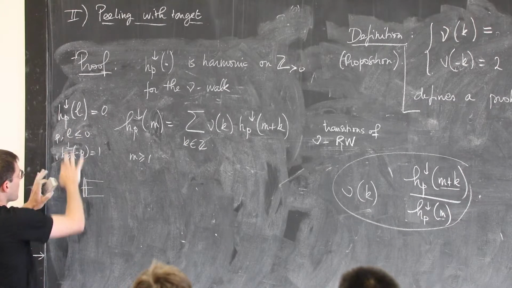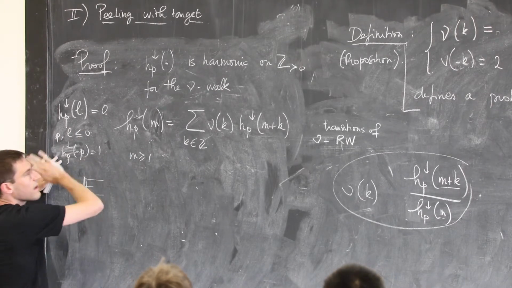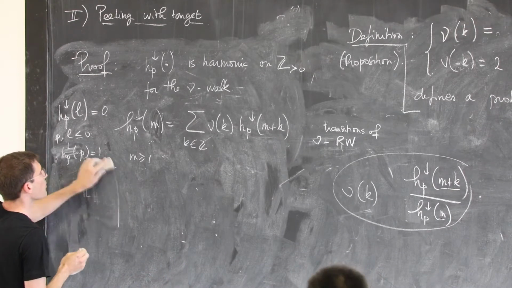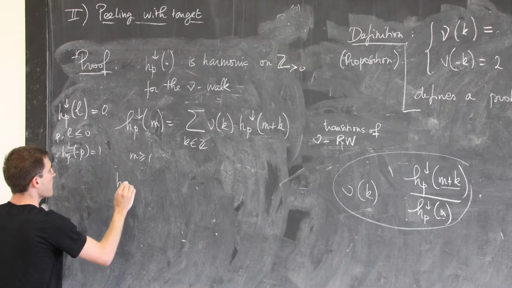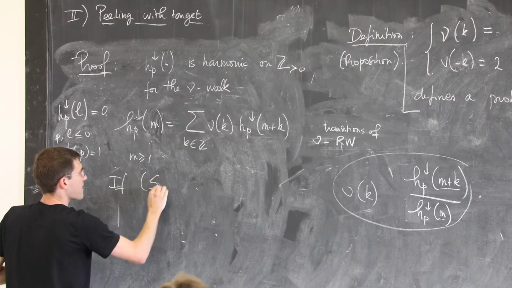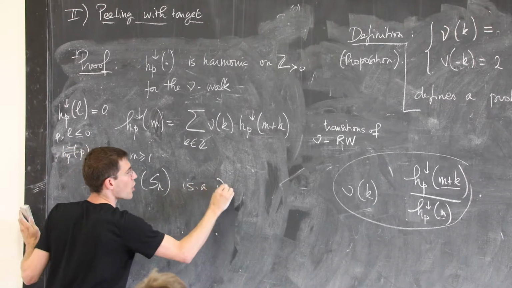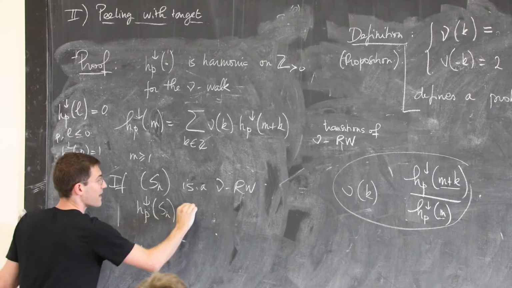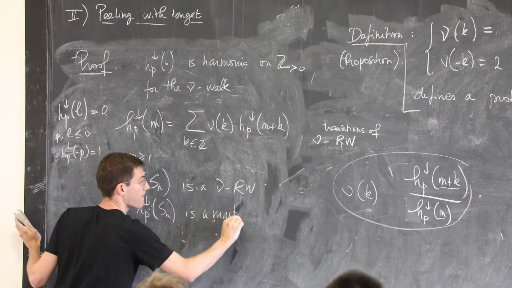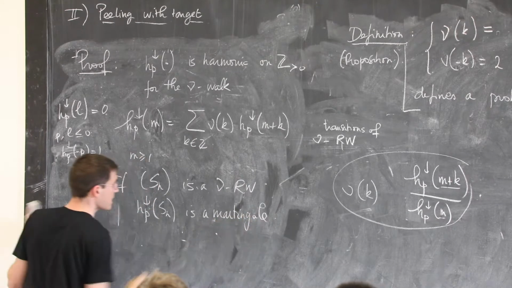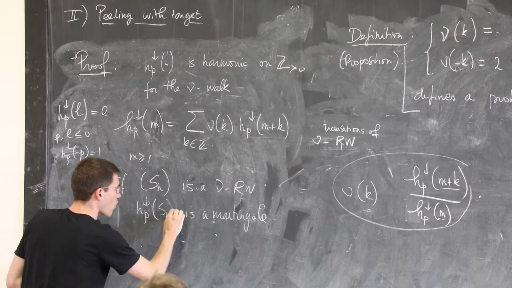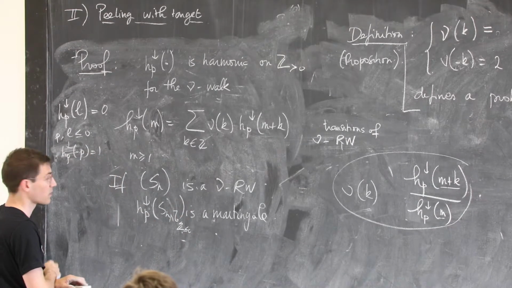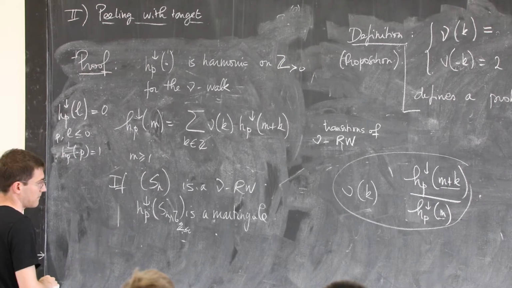And believe me, this is done so that everything works smoothly. So okay, it's harmonic. I'm going too fast here. So if Sn is a new random walk, then you know that HP of Sn is a martingale. Actually, not quite. You need to kill the walk when it enters the negative half line, because the guy is harmonic only on the positive side.